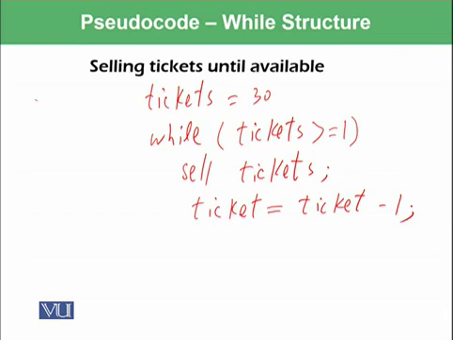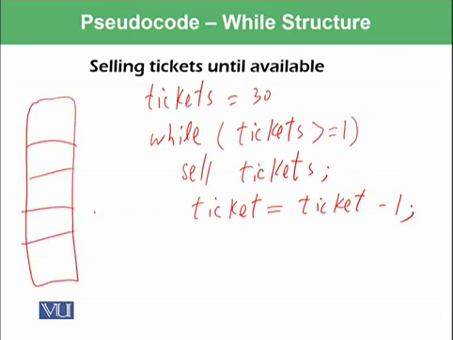How is it performing? The first statement is an assignment statement, which means there is a location called ticket in the memory. When you say ticket is assigned 30, this location is assigned the value 30.